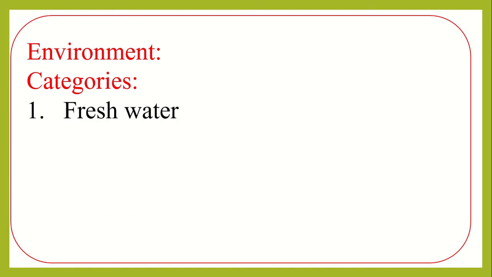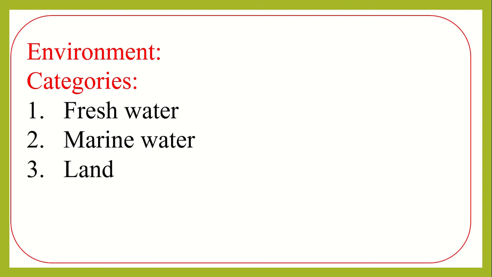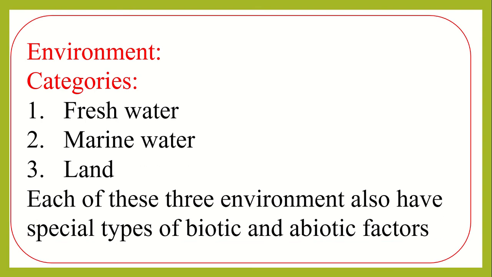Categories: number 1, fresh water, marine water, and land. Each of these three environments also has a special type of biotic and abiotic factors. Factor means elements.